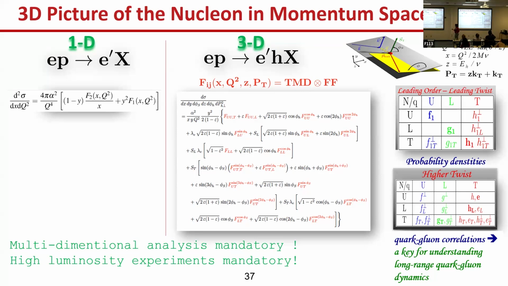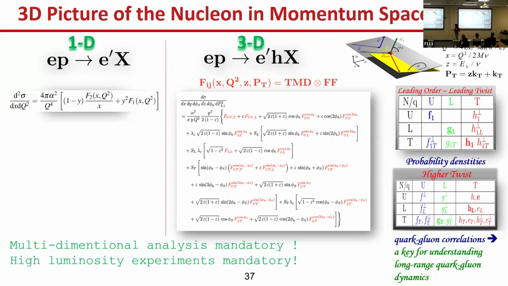I can have, in an unpolarized particle, also longitudinally and transversely polarized quarks. It's not that in an unpolarized target I have unpolarized quarks. I can sum up all the polarizations and have at the end the unpolarized particle, but each quark can have a different polarization, can be longitudinally or transversely polarized.